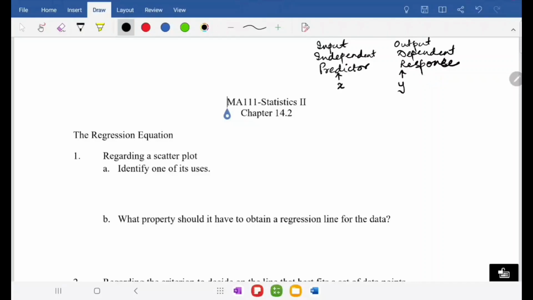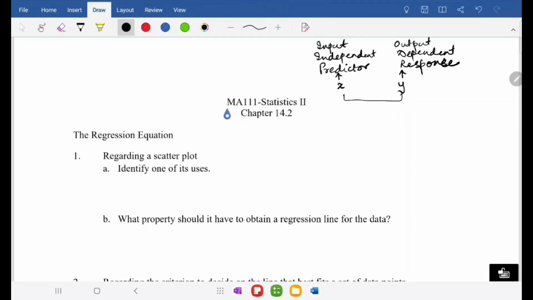Now, initially, when we collect our data, we just get a bunch of x and y values. At that point, we don't know if there's any relationship between the two variables at all, let alone what kind of relationship it has.